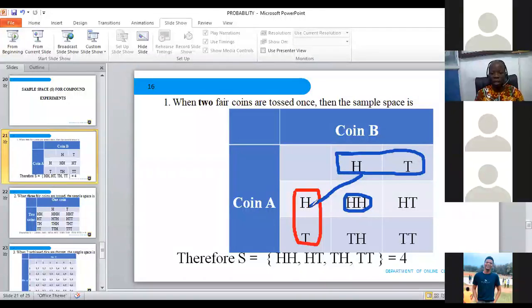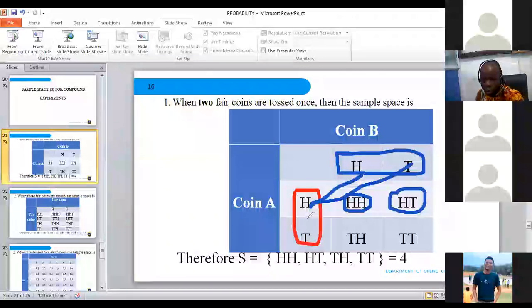Now, again, you will also get this. That's the first result from A and the second result from B, which will give you head, tail. Meaning the first coin A will give you head, and the second coin B will give you tail. Did you see that?